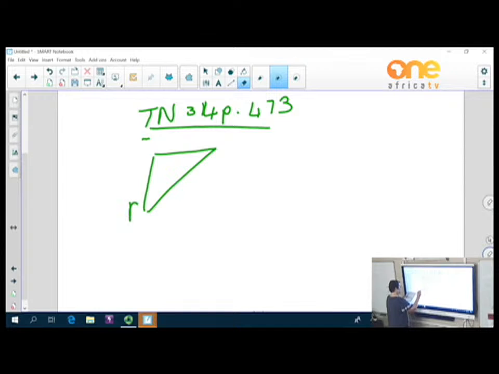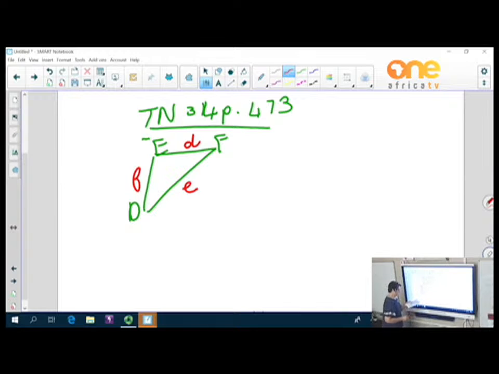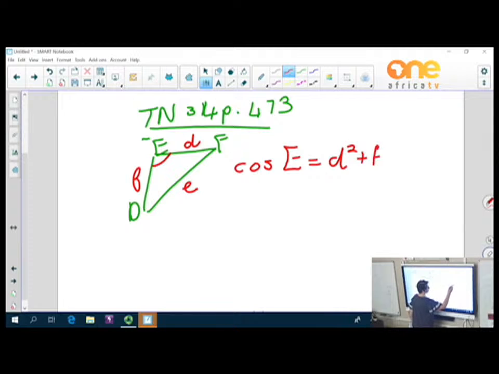So this is DEF. Again, if we look at the sides, this will be E, this will be D, and this will be F, so that you can know which one is which. So if I want to find the angle, let's say I want to find E, then I will say that cosine E is equal to those two sides you're going to add, so it's D squared plus F squared.